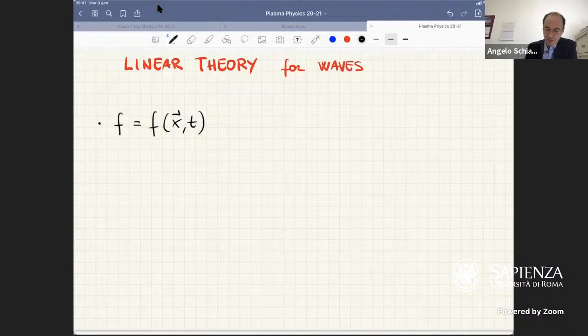And by linear theory we mean that we express locally, for instance, this quantity, the F, that could be the pressure or the density, as a sum of two terms: F naught, which is going to be the equilibrium value, plus a small perturbation, F1. So we'll see that the linear theory is linked to F1, which is a small perturbation.